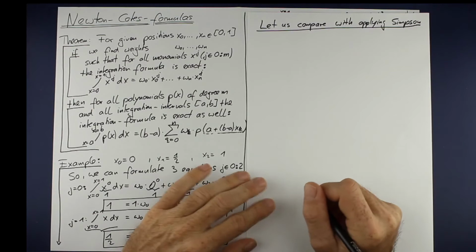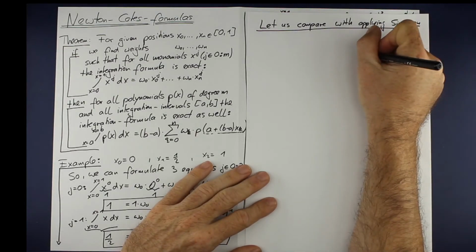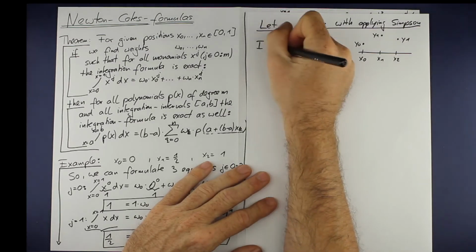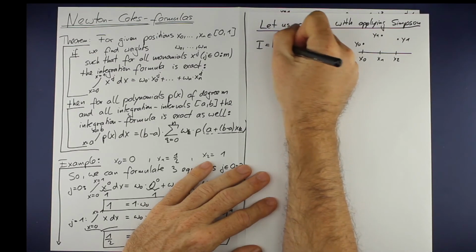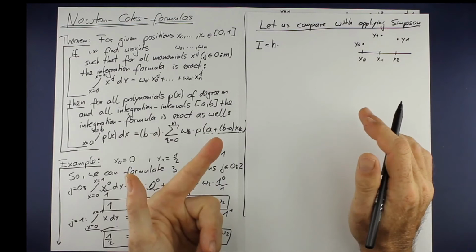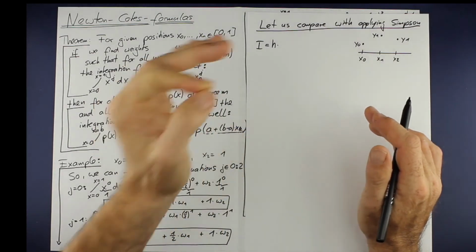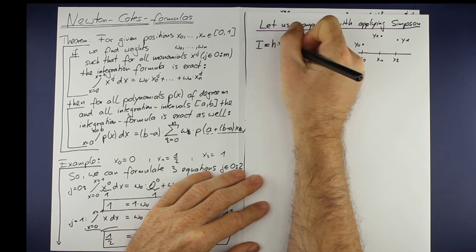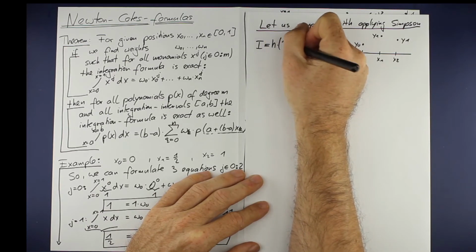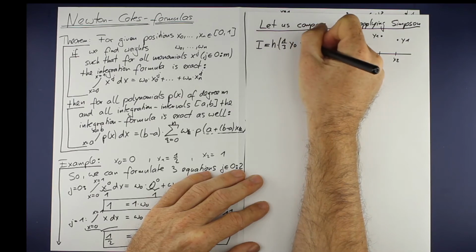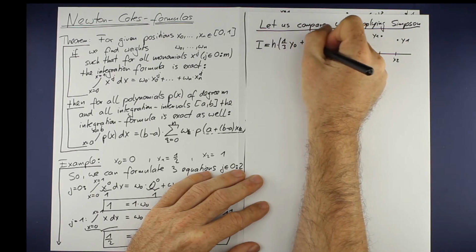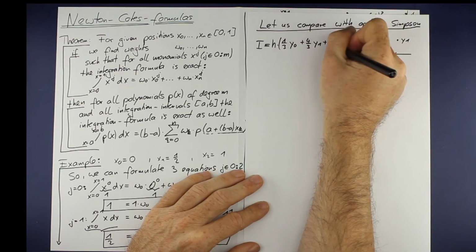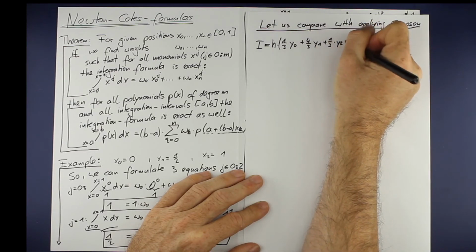What is Simpson? Maybe you remember. The formula was: the integral value is approximately, for arbitrary functions and exactly for polynomials of degree 2, equal in this case to h times a third times y0 plus 4 divided by 3 times y1 plus 1 divided by 3 times y2.